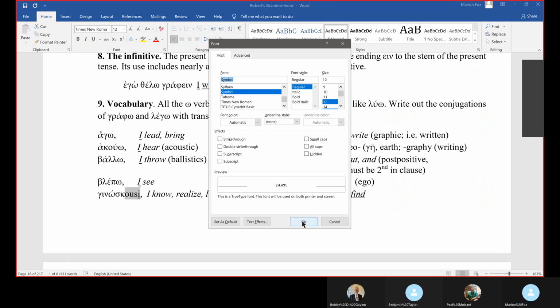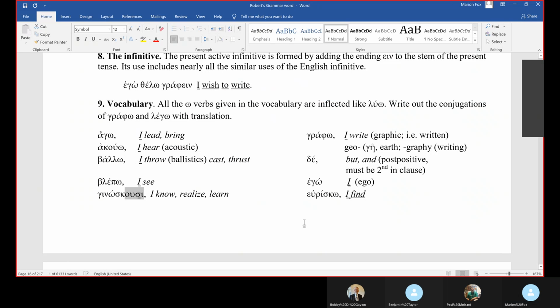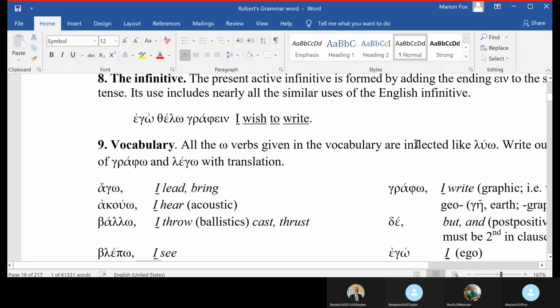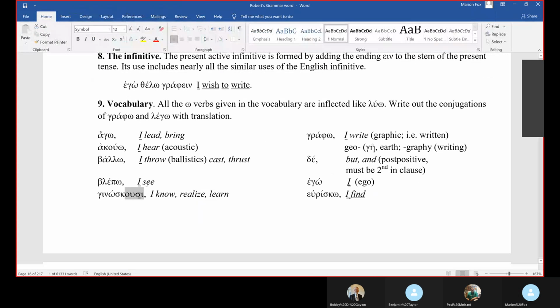There it is. Now that'll do it. There it is. Gnoskousi. See right there? You want to see that? Now that would be third person plural. All right, I'm going to go back and get rid of it. Yeah, I messed it up now. I just won't save it. I'll ignore it right now. I'm having trouble getting it to undo.